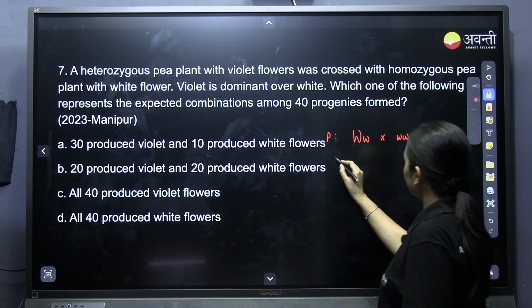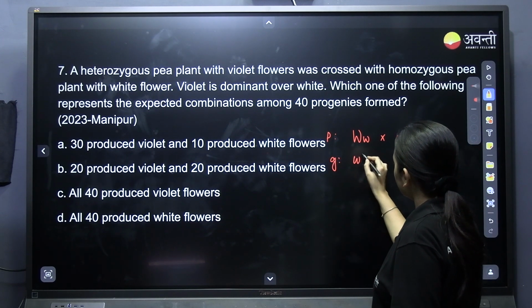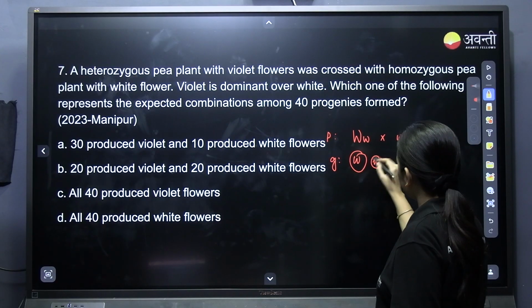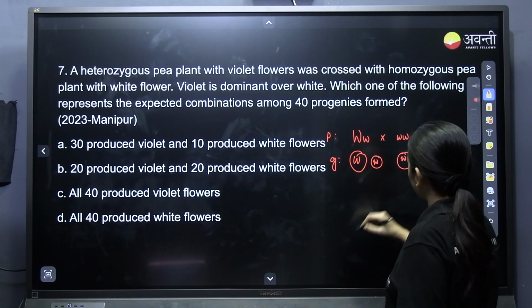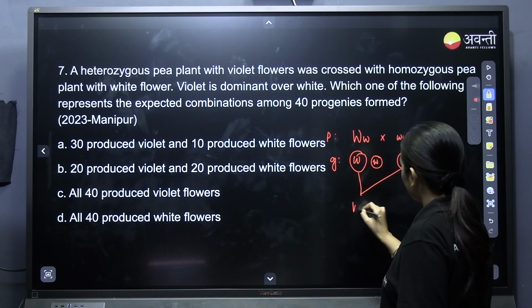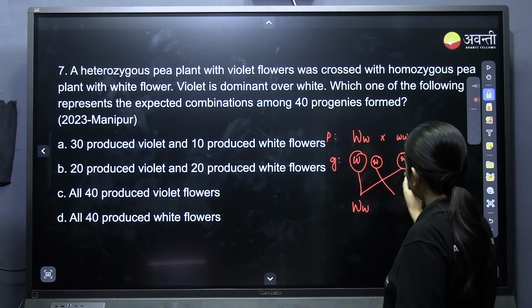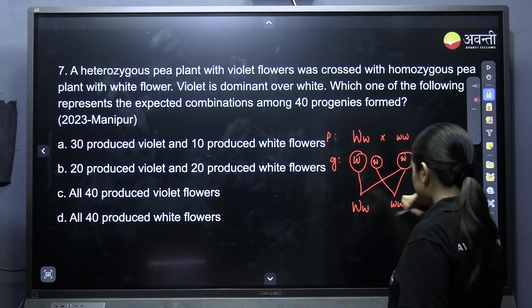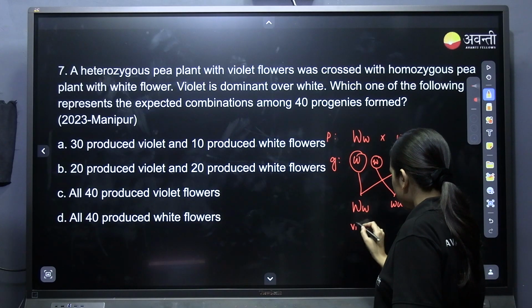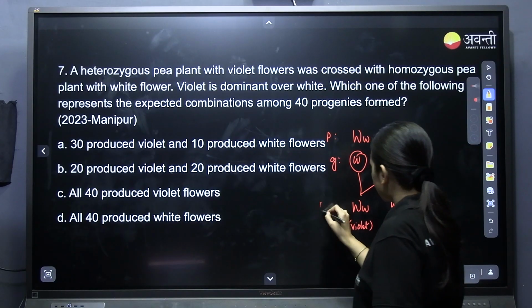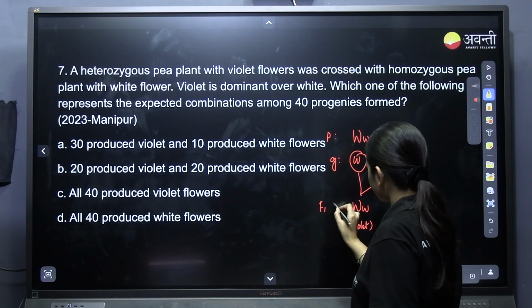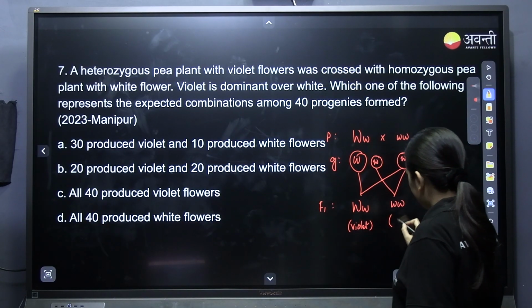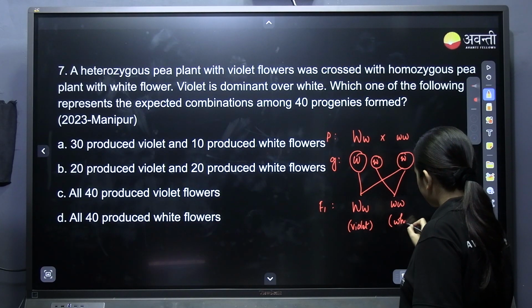Which means if you see the gametes here, capital W, small w, and here it is small w. If you see this, small w and small w, small w. So which is violet, and okay, this is the F1 generation, and this one is white.